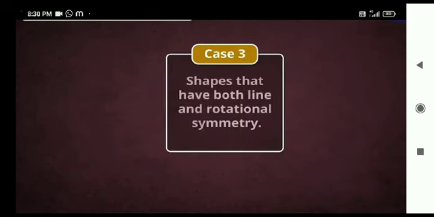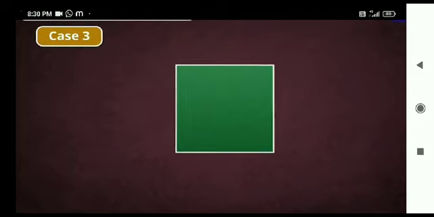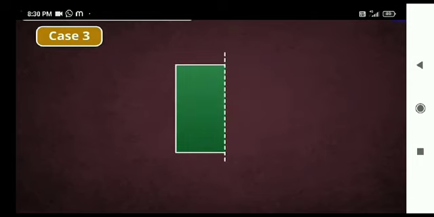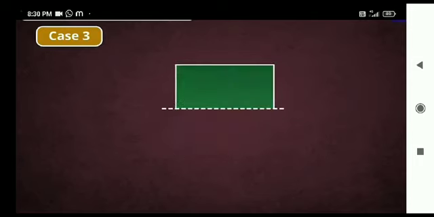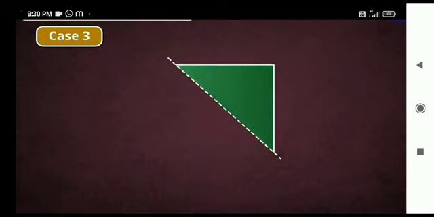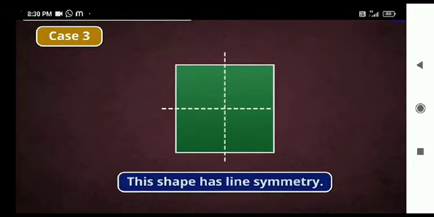Case 3. Shapes that have both line and rotational symmetry. Now, let's observe this shape. We see that it has 4 lines of symmetry. This means that this shape has line symmetry.